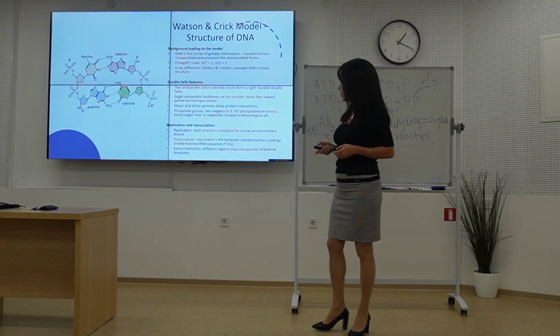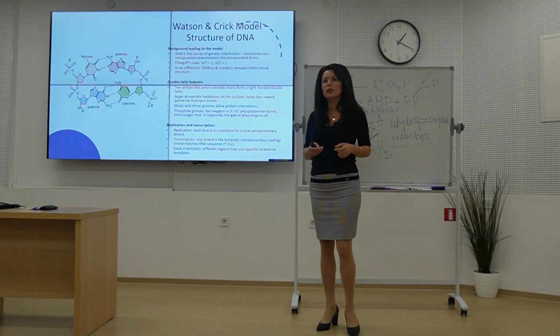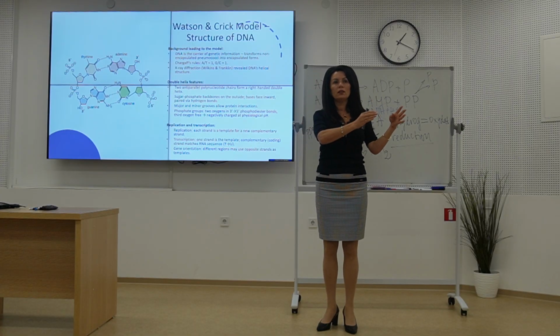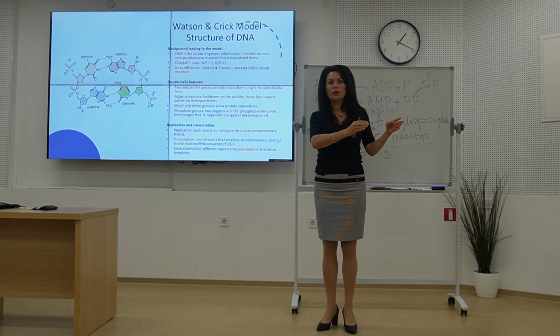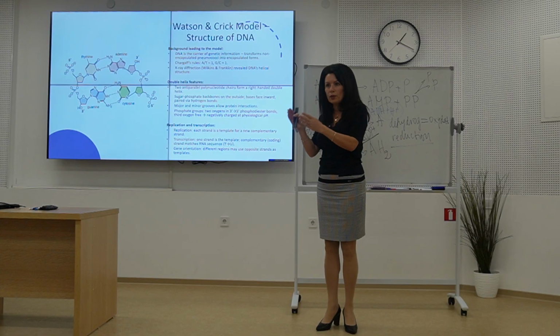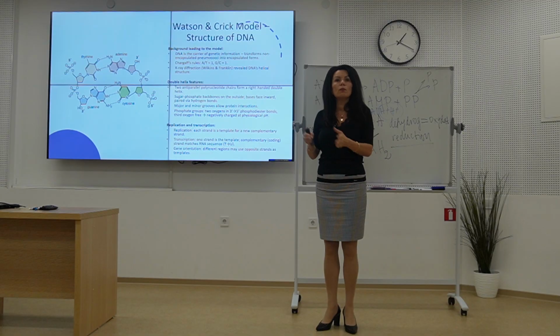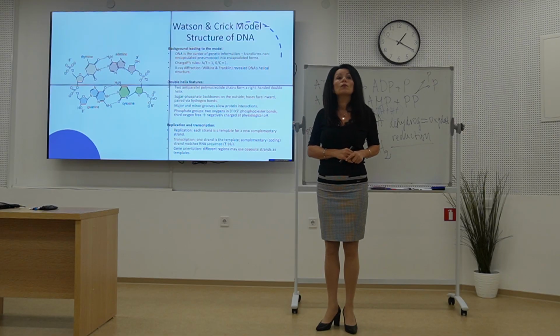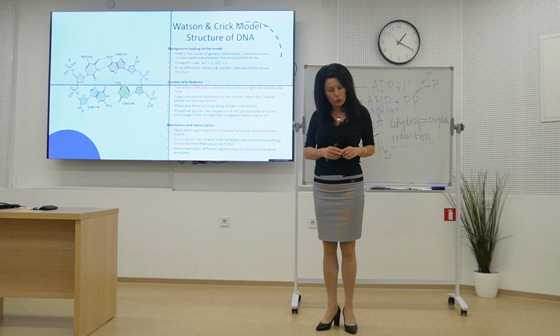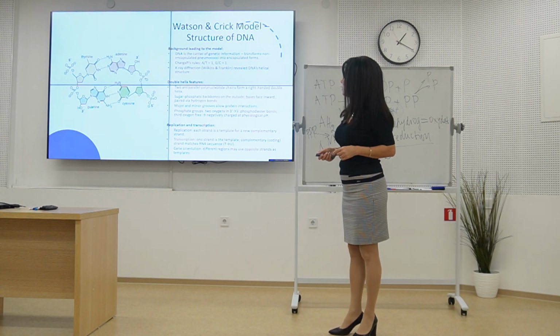Chargaff's rules mean that the number of adenine bases is equal to the number of thymine bases, and the number of cytosine bases is equal to the number of guanine bases. How many hydrogen bonds are there between A and T? Two. Between G and C? Three. Yes.